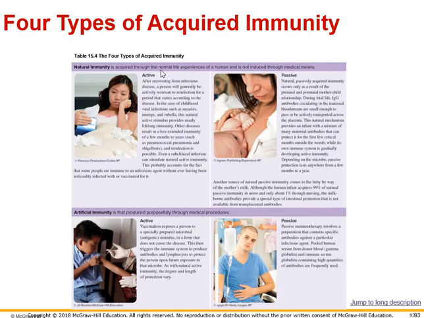So normal life experiences not induced through medical means. That would be natural. And if it's artificial, that is going to be purposefully given to you, and it is through medical procedures.